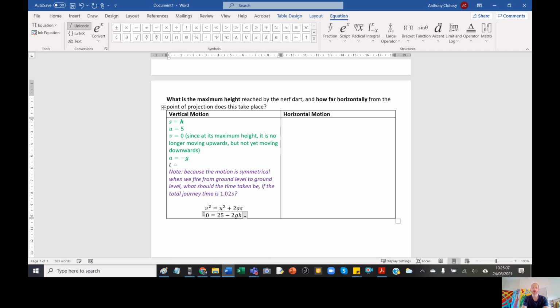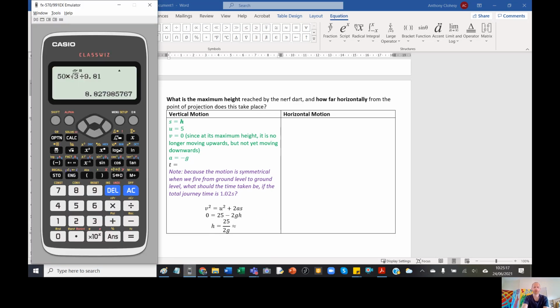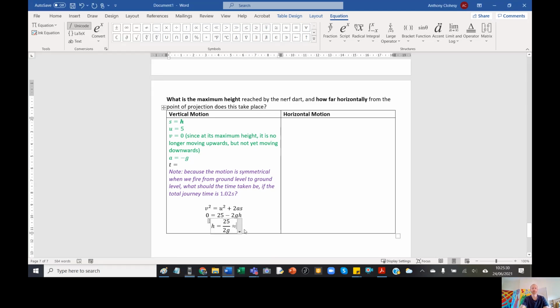So we might call it h, and then we know that we're trying to work out the value of h. We can rearrange, solve, and we get h equals 25 over 2g. And then again, although I'm writing 25 over 2g so that I could use it later if I need a more precise value, I'm going to get an answer correct to 3 significant figures from the calculator, 1.27 meters.